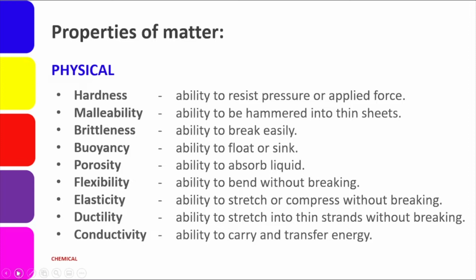Meron pang iba pero ito lang kasi ang kasali sa ating topic sa grade 5 science about matter. Hardness is yung kakayahan niyang lumaban sa pressure or sa force tulad ng pag pinupukpok mo. Yung malleability naman may kinalaman din sa hardness. It says ability to be hammered into thin sheets. Malleable ba siya? Pwede ba siyang pitpitin or hindi siya malleable?